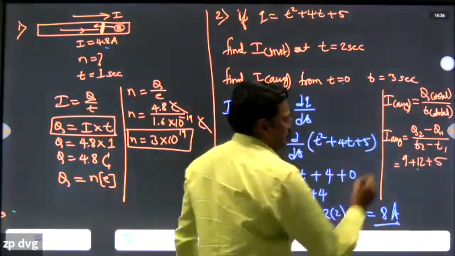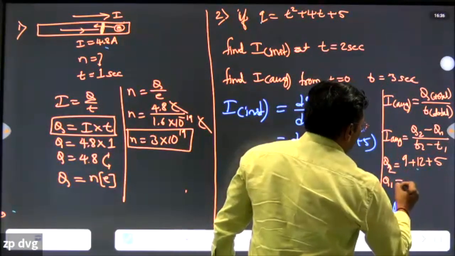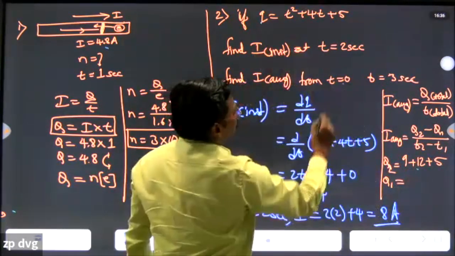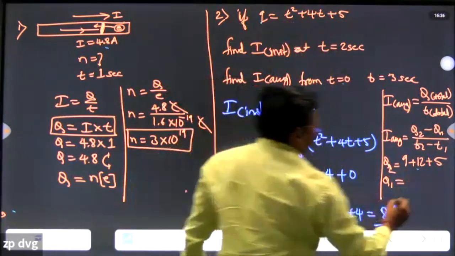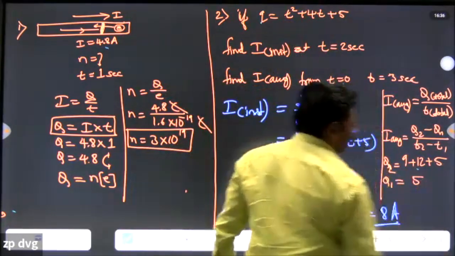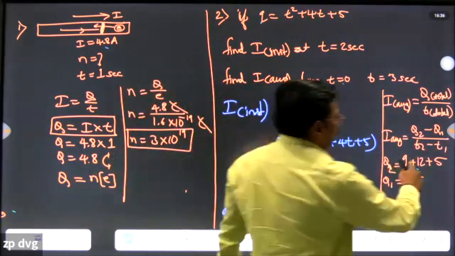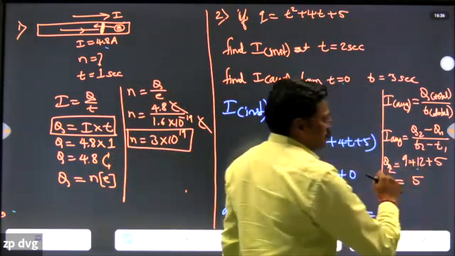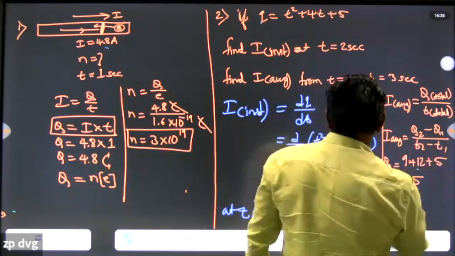This is the value of charge Q2. Q1 is the charge when time t is equal to 0. If you substitute t equal to 0, Q1 comes out to be 5. The total charge is 9 plus 12 plus 5 minus 5, the 5s cancel, so it is 21.